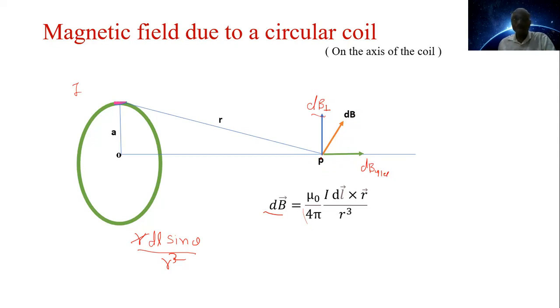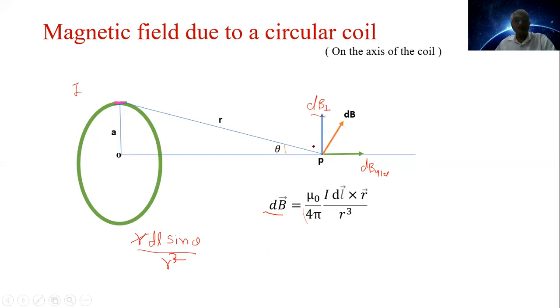Now see here, this line joining the element to the point P makes an angle theta with the axis. It makes an angle theta with the axis here, which we can show. Now these dB perpendicular components get cancelled overall.